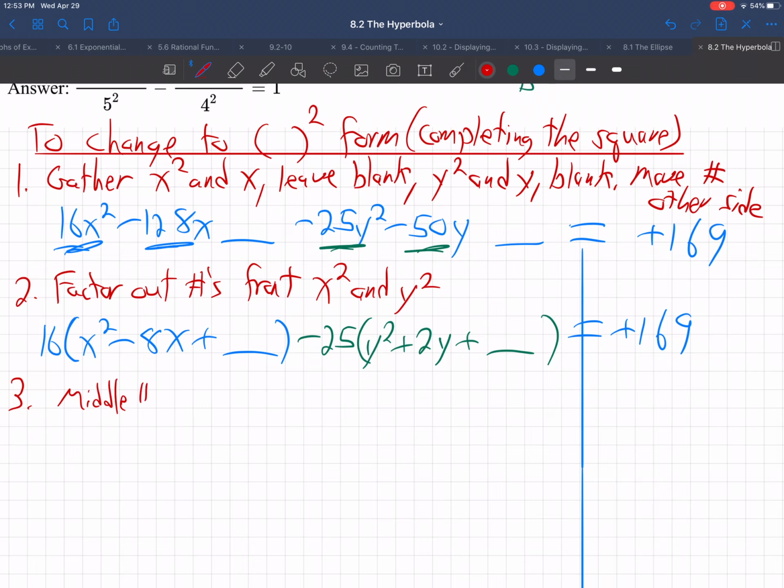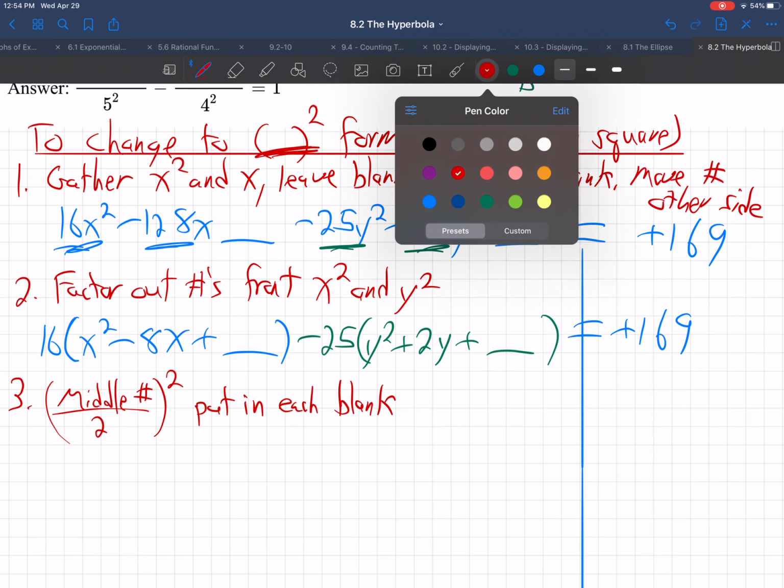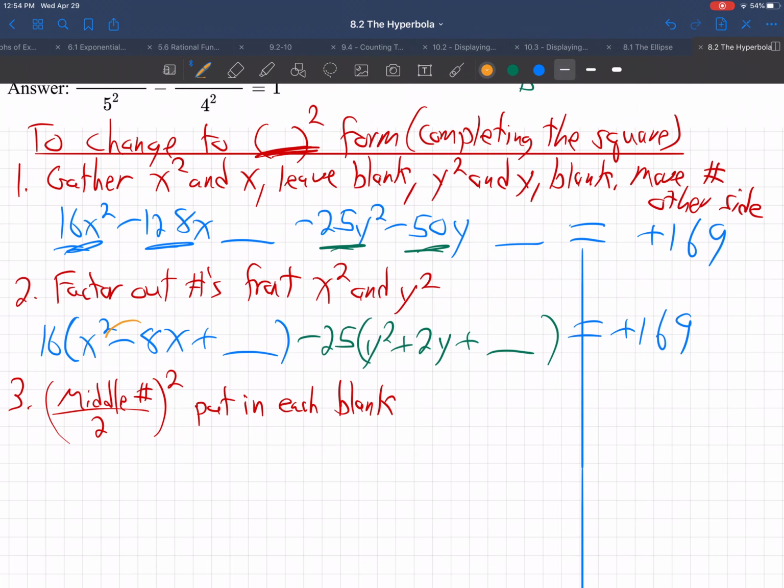We take the middle number divided by 2, squared, and put it in each blank. That's the completing number, the number that will complete the square, that'll help it to eventually factor as a parenthesis squared. So you take that middle number right here and put it over 2, squared, which is negative 4 squared, which is positive 16.